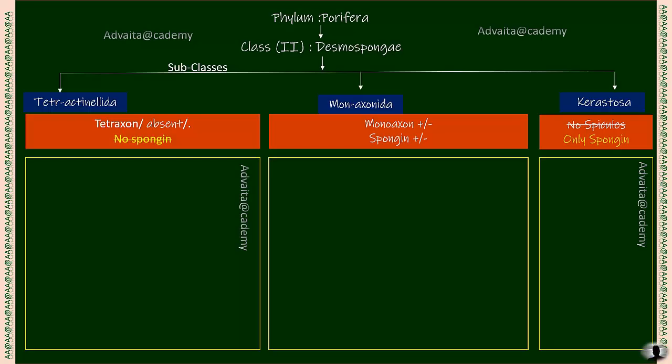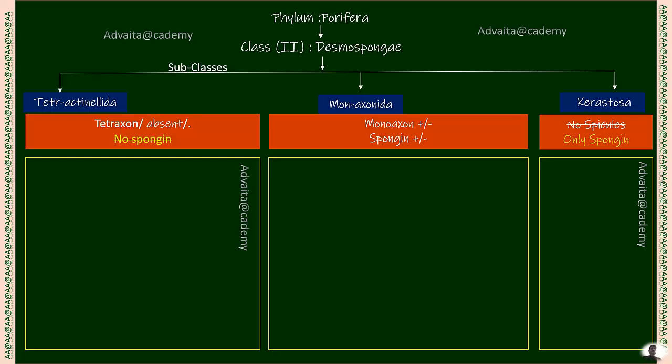In Keratosa, there is no spicule. Remember, only spongine fibers are present. That's why we have a very good example that we use in our toilets. The example here in Keratosa is the toilet sponge, which we will discuss.